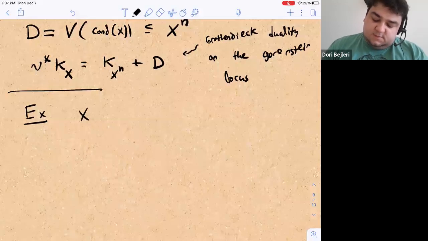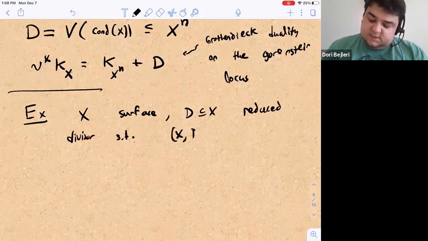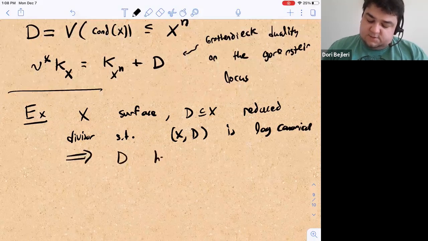If X is a surface, D is a reduced divisor such that (X, D) is log canonical, then D has at worst nodal singularities.